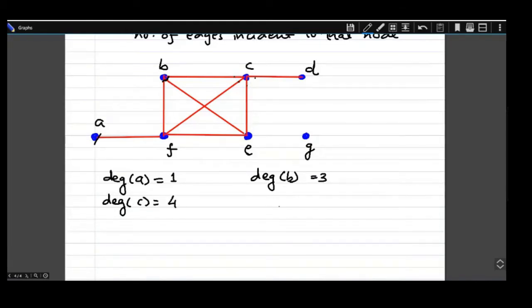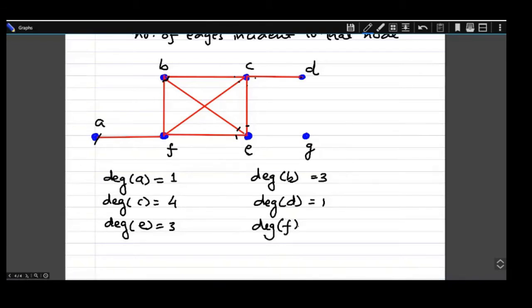It will be 4. Degree of D. How many? Only 1. And like that, degree of E. Look at this, 1, 2, and 3. Degree of F is 1, 2, 3, and 4. Okay, and last one is degree of G. So ultimately there is no edge coming to this, so it is 0.